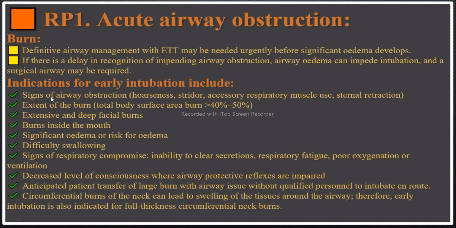Sometimes in the exam, they will not ask you the indication of early intubation. They can give you a scenario, for example, the patient has hoarseness and stridor, and ask you for the next step. So you will choose definitive airway, early intubation, okay? This is how to expect the question.